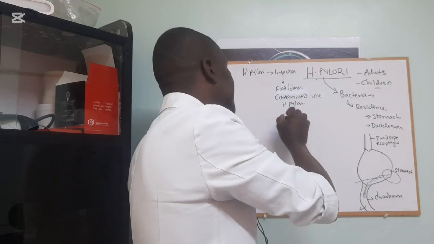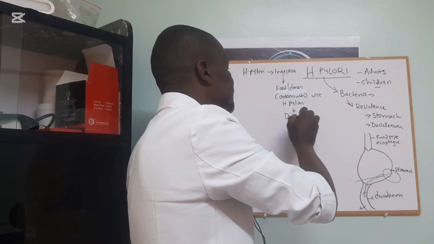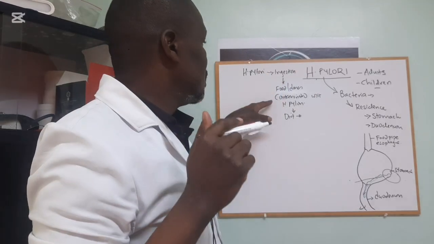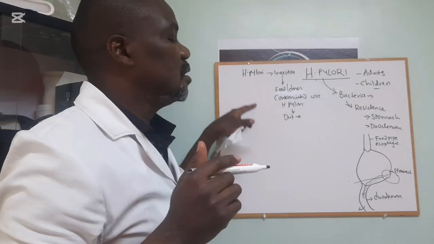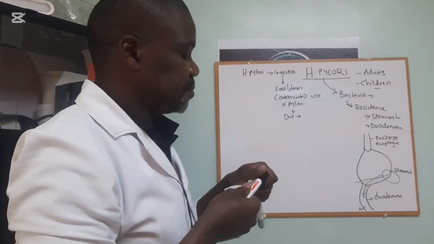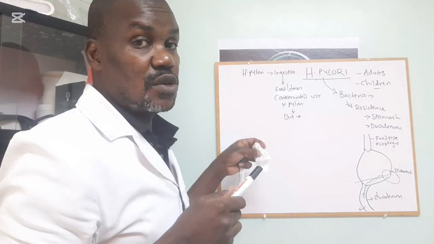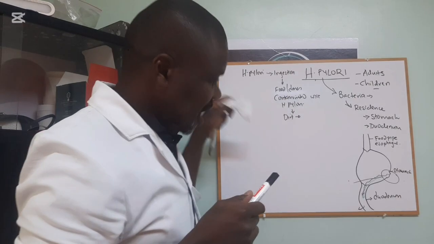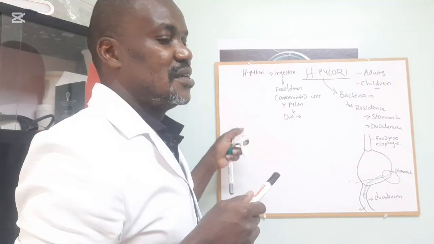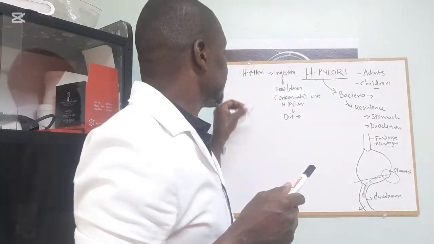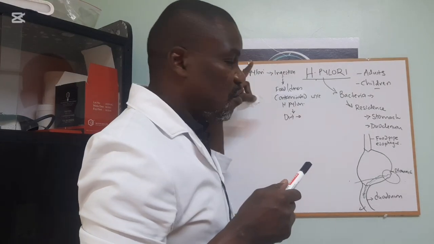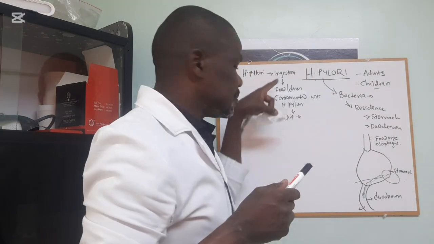How? You take food from a kibanda or a kiosk, there is no running water, there is no point of hand washing, there is no toilet, sanitation is not the best thing that is there. You end up with food that is contaminated.